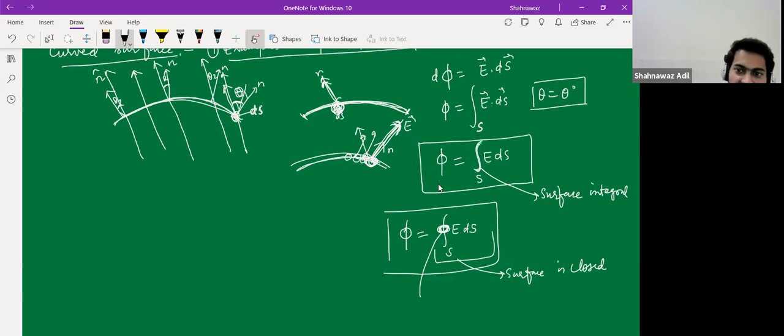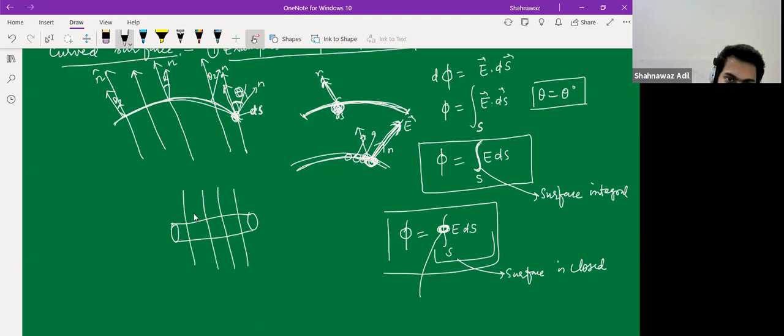So let's say that I take a cylinder, and let's say that on both sides the cylinder is open. So this is an open cylinder. For this cylinder, this is the electric field, and I have taken this small area element in the direction of this electric field.